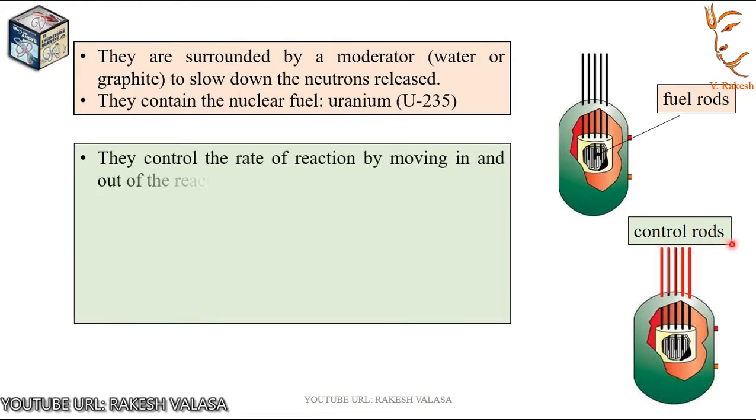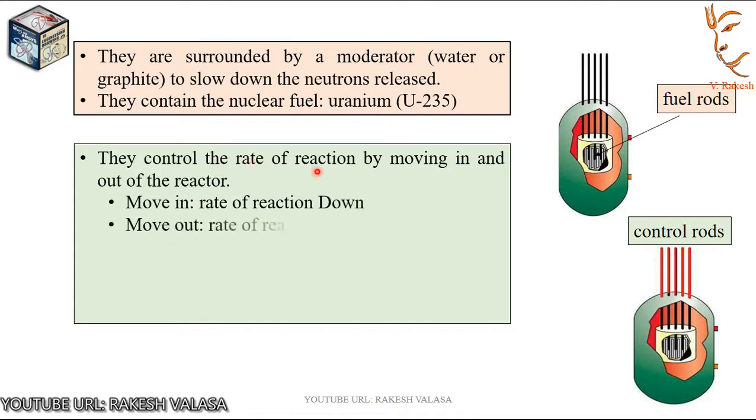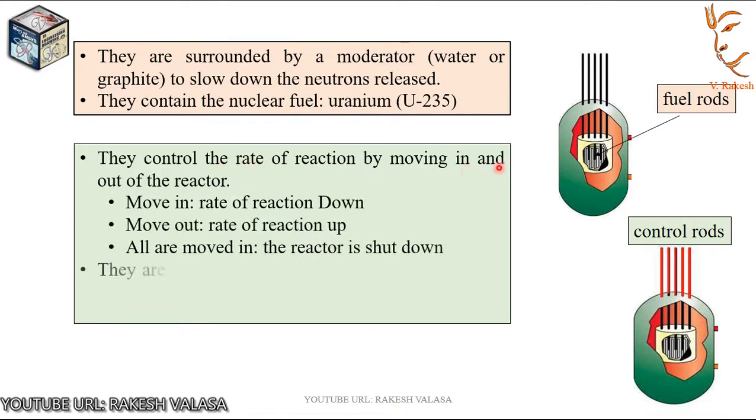These control rods control the rate of reaction by moving in and out of the reactor. When some of the control rods move in, the rate of the reaction goes down. When some of the control rods move out, the rate of reaction goes up. When all control rods are moved in, the reactor is shut down. These control rods are made of boron or cadmium. These control rods can absorb neutrons in the reactor.